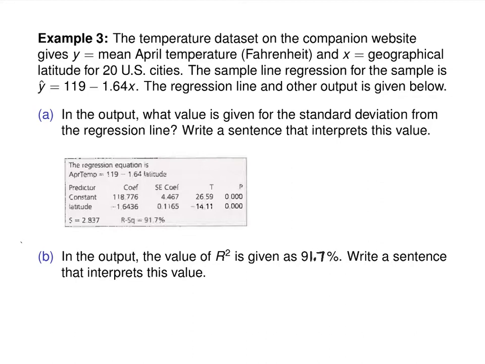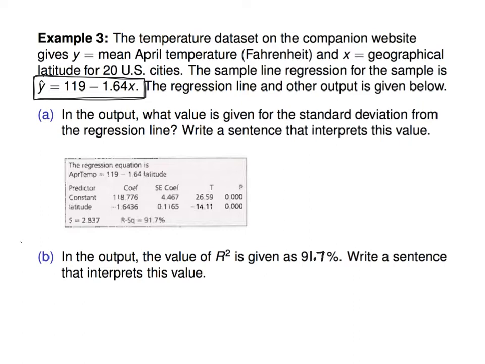The temperature data set on the companion website gives us the mean April temperature in Fahrenheit and geographical latitude for 20 US cities. And if you take that data and you ask a statistical software to fit a regression line to it, you get this. Y hat is 119 minus 1.64x.